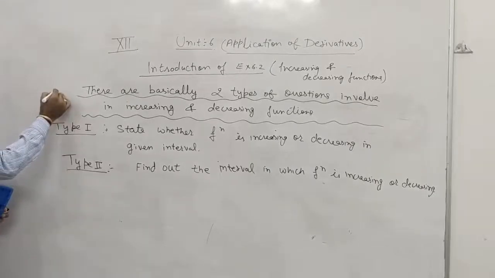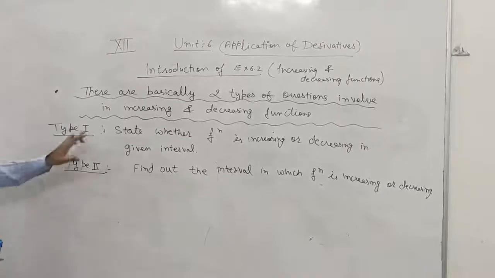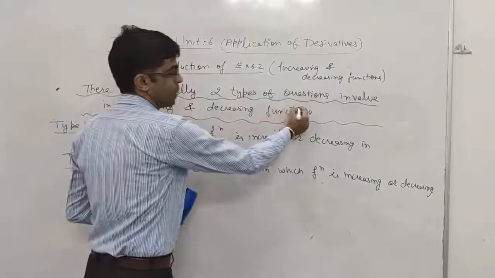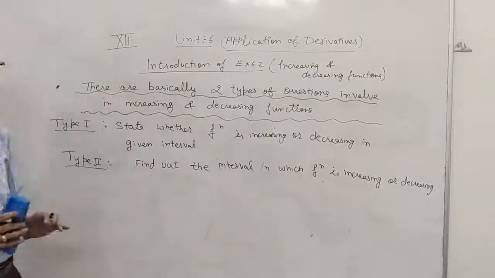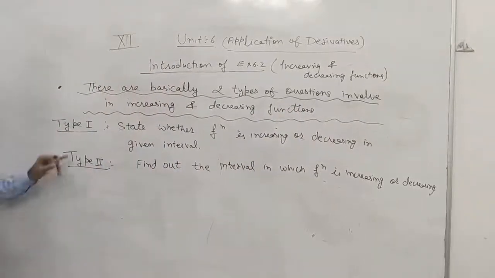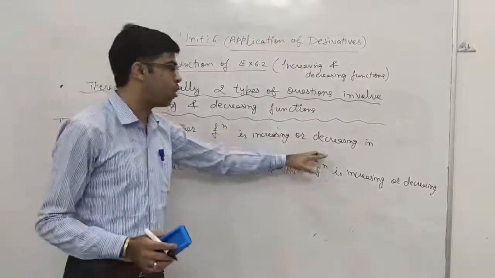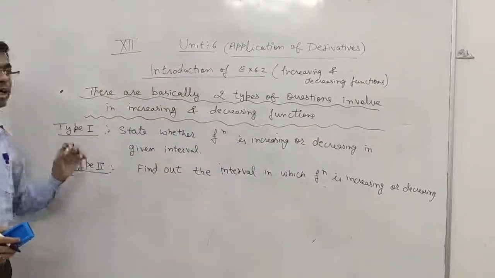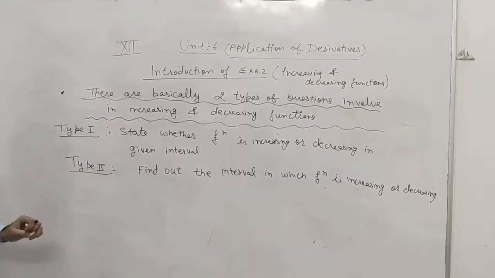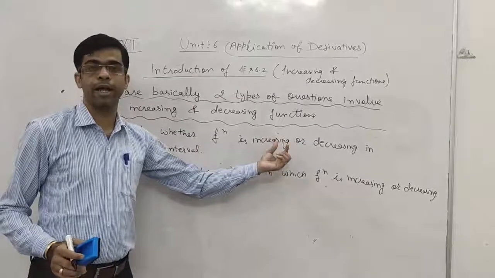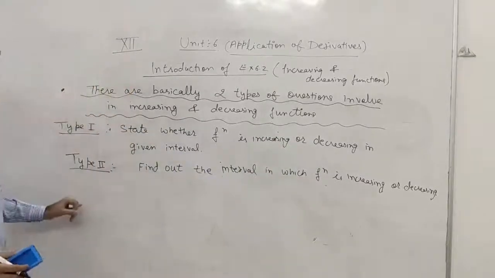So there are basically two types of questions involved in increasing and decreasing functions. Based on what I have told you so far, two types of questions can come in this exercise 6.2. First type: state whether the function is increasing or decreasing in a given interval. Whatever interval is given, on that interval the function is increasing or decreasing.